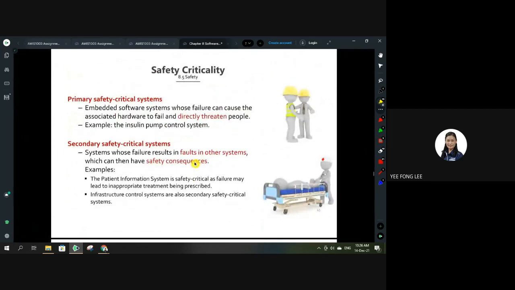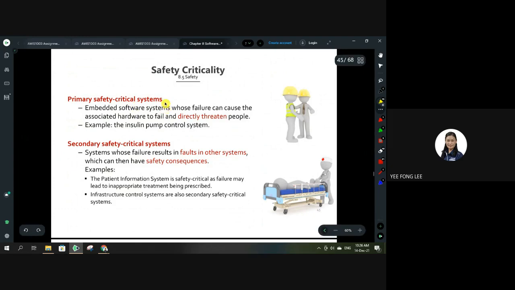How about the next one? Safety critical software falls into 2 classes here: primary safety critical software and secondary safety critical software. Primary safety critical software is a type of software embedded as a controller in the system.